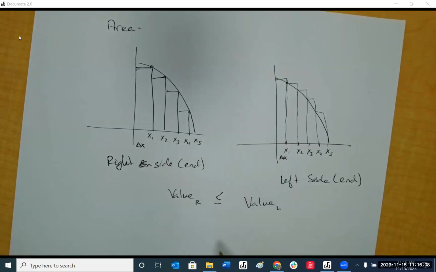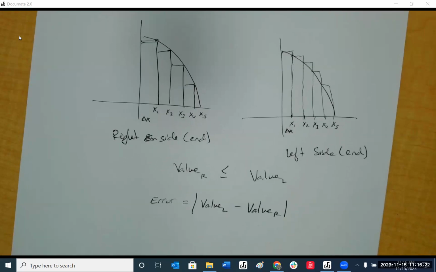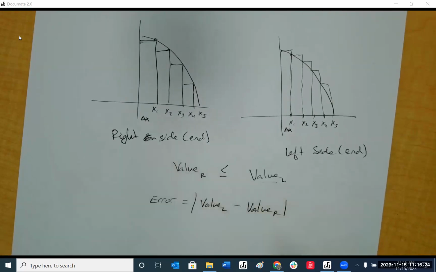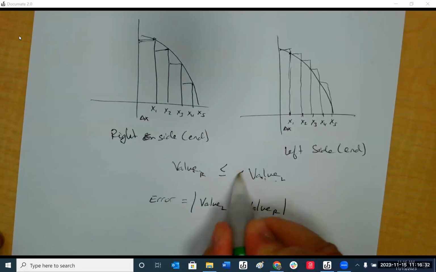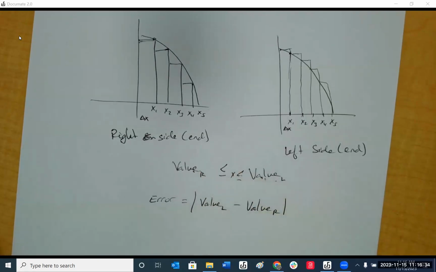Well, the way you would find the error, or acceptable error, takes a larger minus a smaller, because we know somewhere within this bound, somewhere between this bound, is the true area.